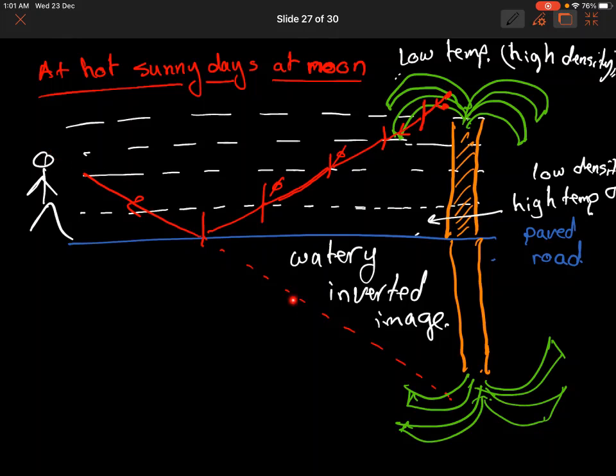The person can see the object as a watery inverted image. This is the phenomenon of mirage, which is an application of total internal reflection. Again, in your answer we search for: light ray refracts several times, then total internal reflection takes place. This is the end of our lesson today. Thank you.